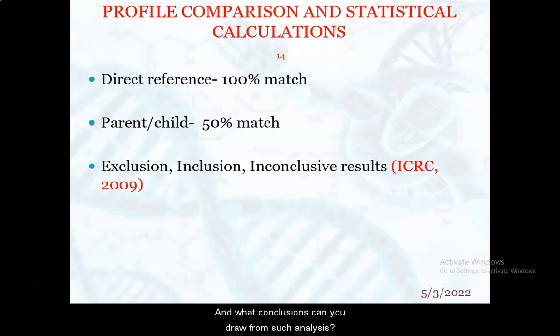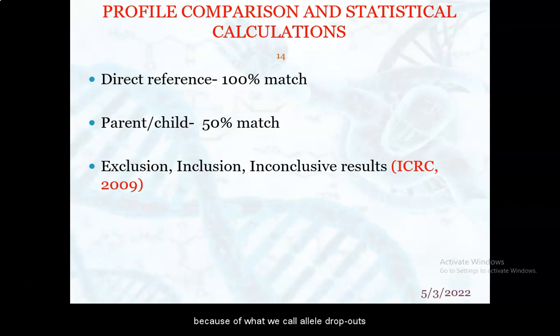Then what conclusions can you draw from such analysis? One, you can exclude the individual as being the person that you are suspecting. Then you can also include the individual as the person you are suspecting. Then depending on your sample, especially if you have a degraded sample and you do nuclear DNA analysis, your results can be inconclusive because of what we call allele dropouts.